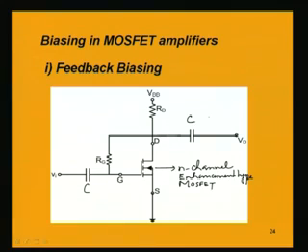The purpose of using the coupling capacitors is to block the DC. Now, in this circuit, as we have seen, the drain and gate have a resistance RG in between them. This is a comparatively high resistance RG which is connected.